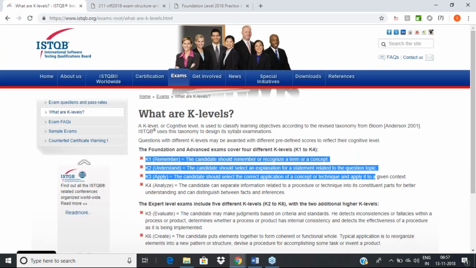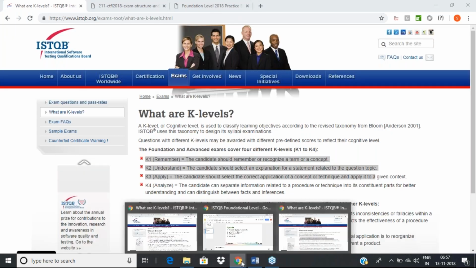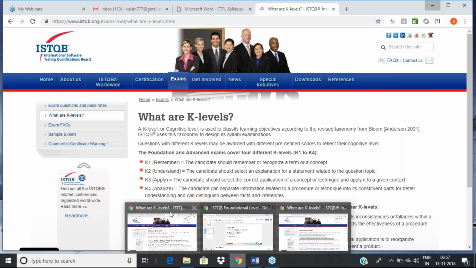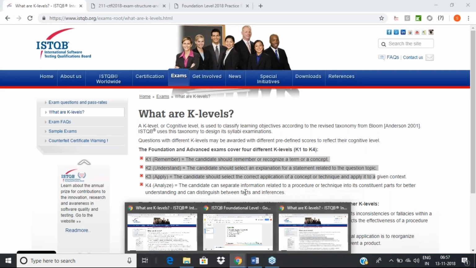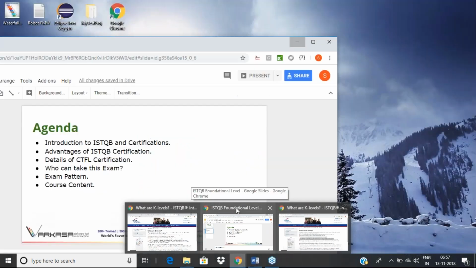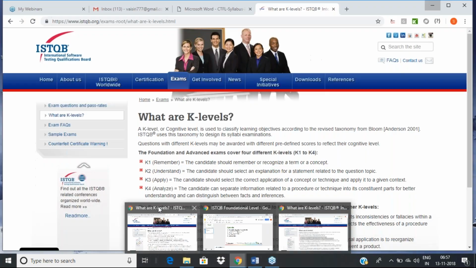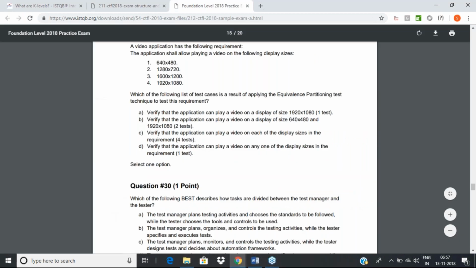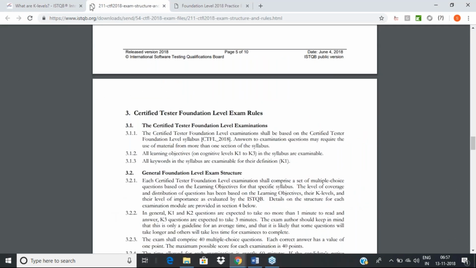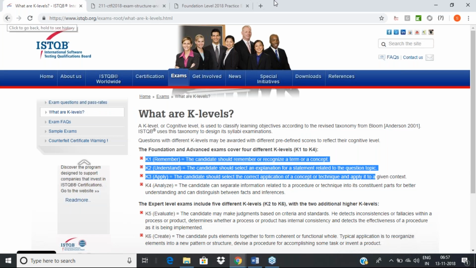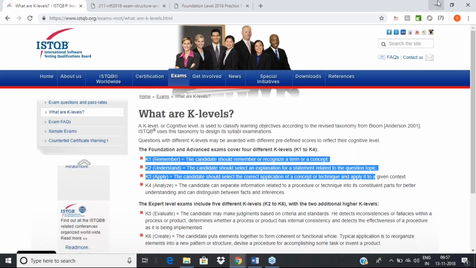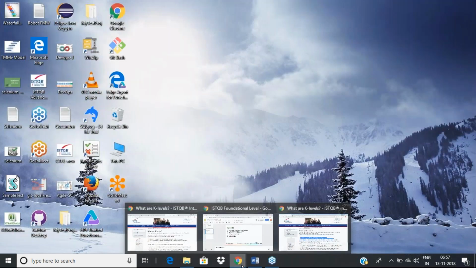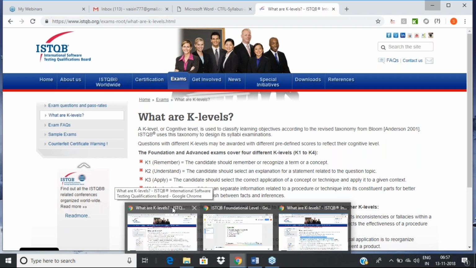They'll explain which topic will have what type of questions and everything. So nothing to worry. When we are reading a topic, we'll understand what kind of questions we can expect from that. Is it a K1 type of question, K2 type of question, or a K3 type of question?